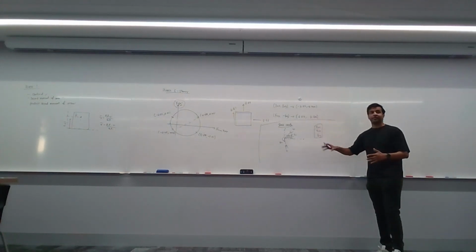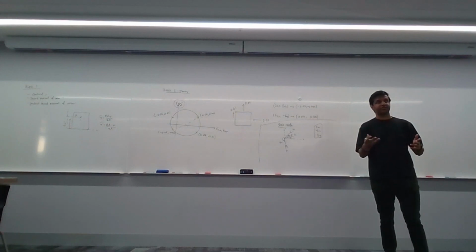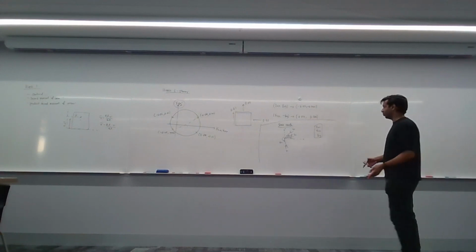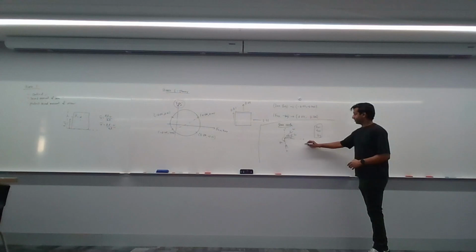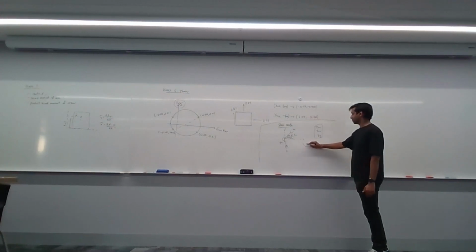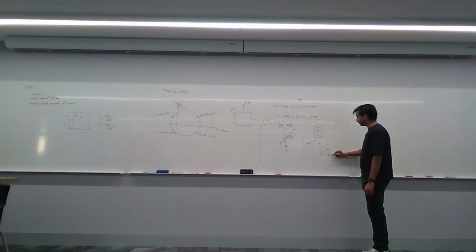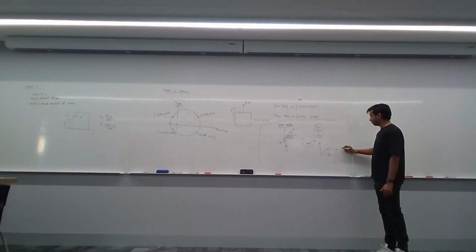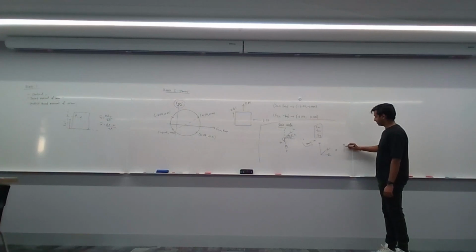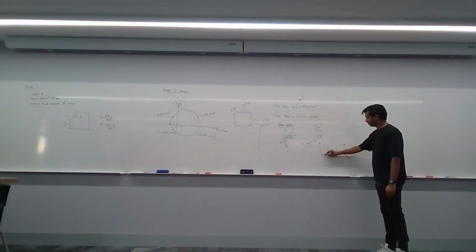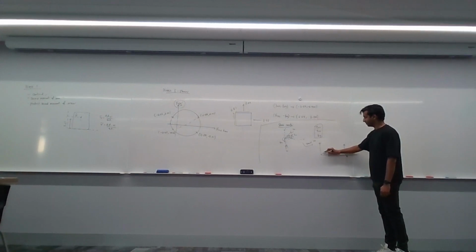For strain rosette, remember there are a couple of special case scenarios which make the formulas very easy. The special case is if you have a 45-degree strain rosette, like this, or like this, where this is 45 and that is 90, or this is 45 and that is 45 as well.